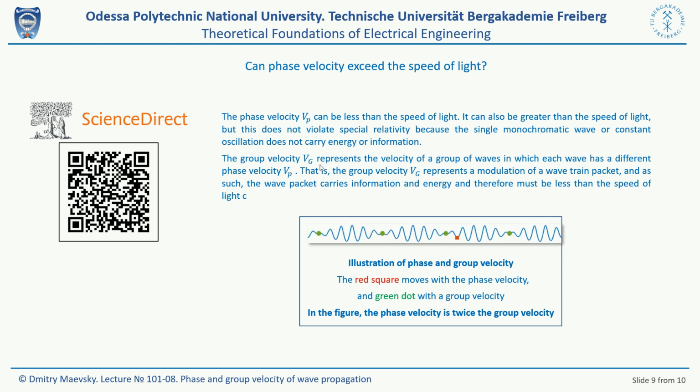First of all, the oscillation phase is not a material object. It's just an ordinary number, the argument of a sinusoidal function. That is, from this point of view, there is no prohibition on exceeding the speed of light.